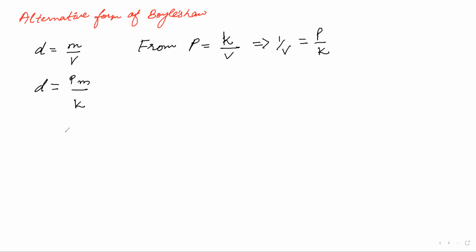Now, if I say density is equal to PM by K, this M is mass. This will be constant because it is a fixed amount of gas, correct? And this K is also a constant. I can write it as K dash, a new constant which includes the mass component also.